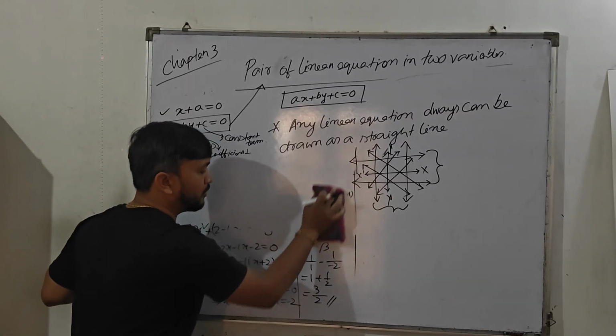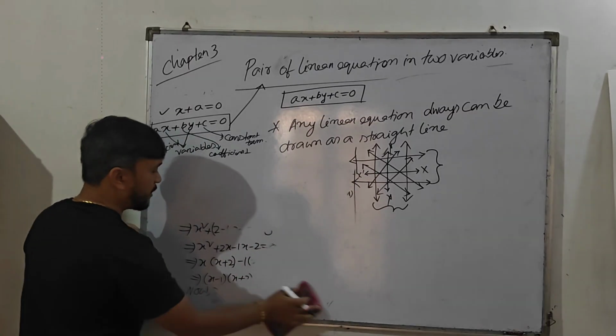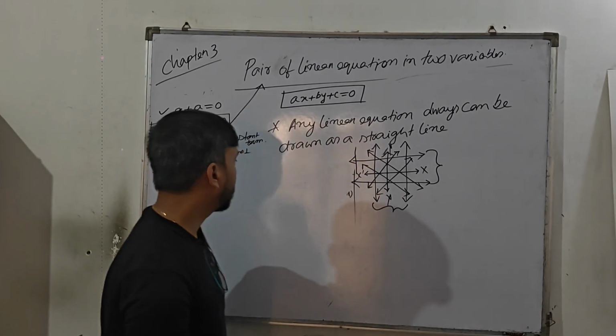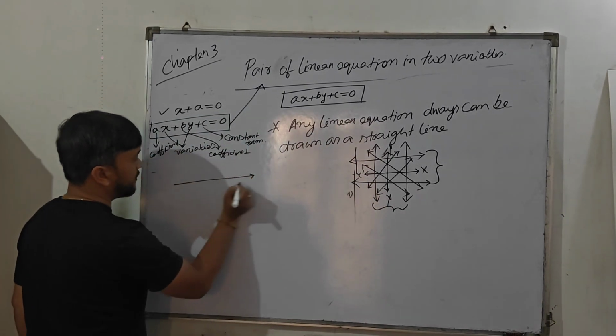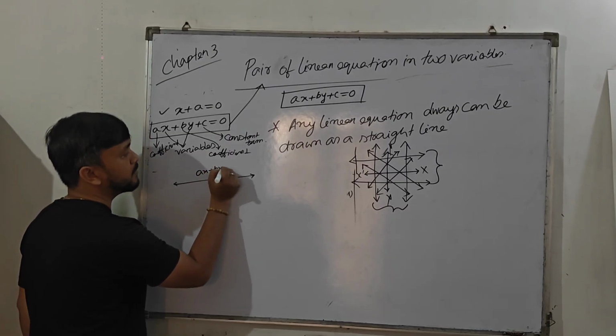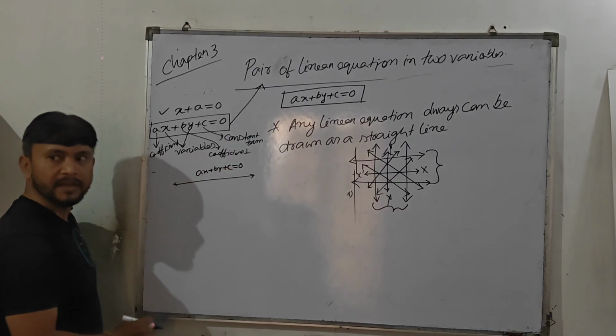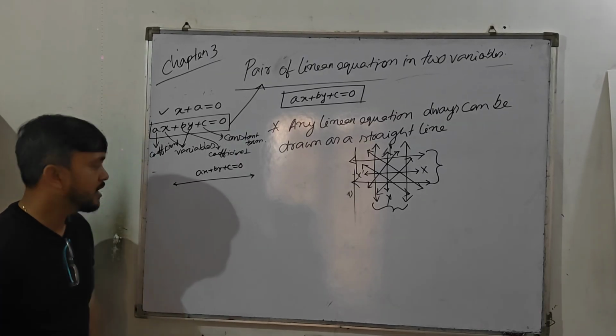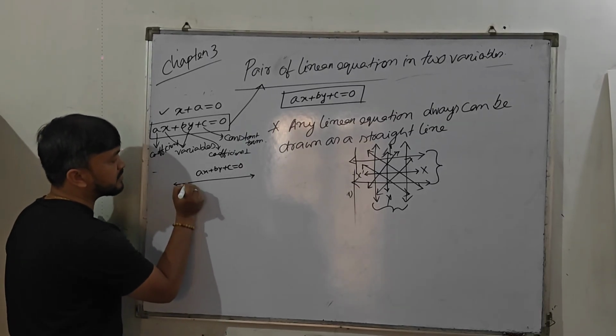Now, if someone gives you a linear equation, see, take any straight line, suppose this is ax plus by plus c equal to 0. This is the straight line of this linear equation in two variables. How many points lie on this straight line?